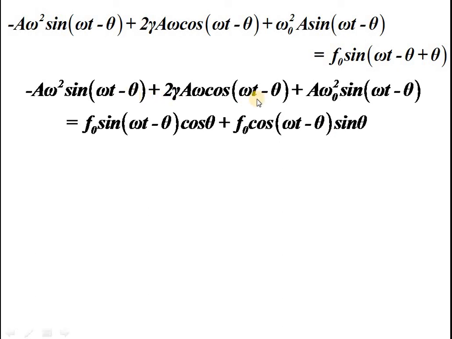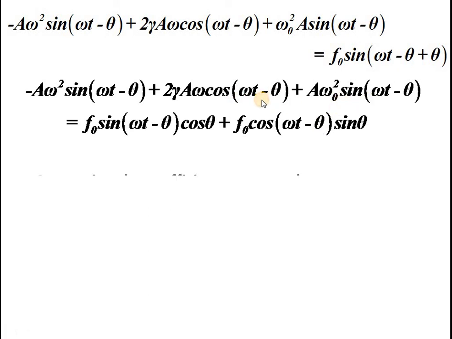We can compare and add similar terms, because we have a sin(omega t minus theta) here and a sin(omega t minus theta) there, and we have a cos(omega t minus theta) term here and again a cos(omega t minus theta) term there.